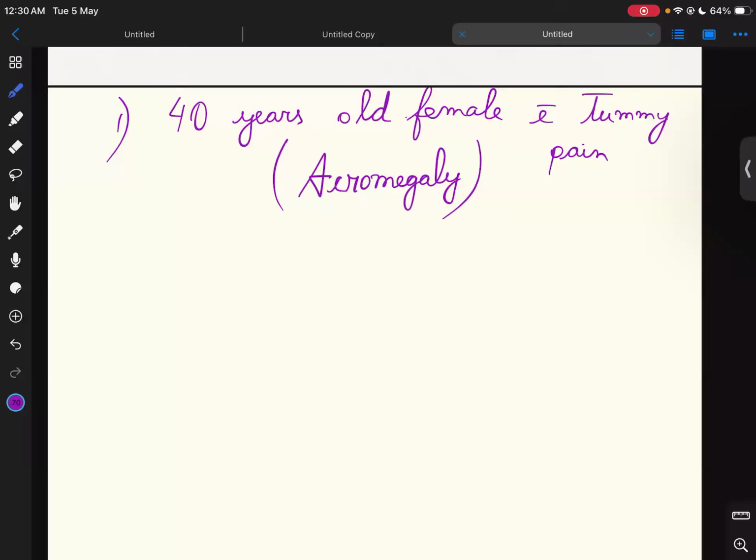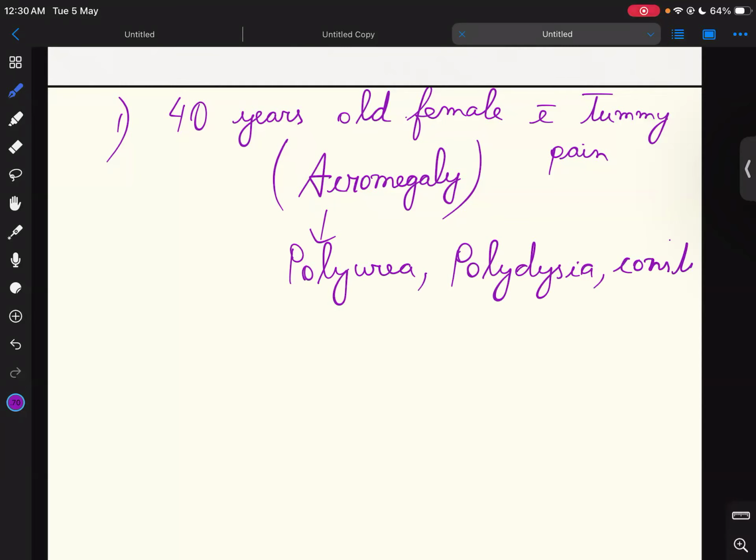She also had symptoms of polyuria, polydipsia, and constipation. So based on this, first, let me know what is the cause of tummy pain.